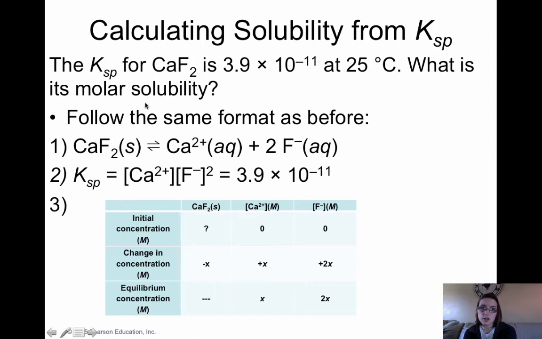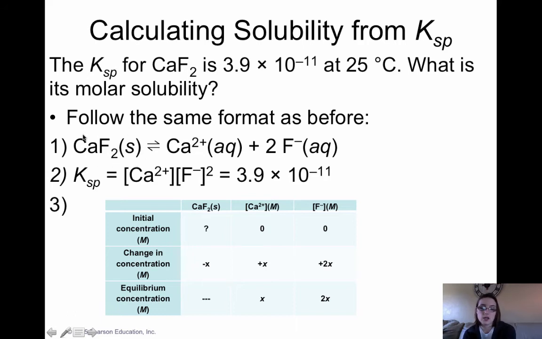Molar solubility is the moles per liter of the solid. We want to know the molar solubility of solid calcium fluoride. So we follow the same steps that we've done with all equilibrium. First thing we need to do is write the equilibrium reaction. We have calcium fluoride, which is solid. This is typically insoluble based on solubility rules.